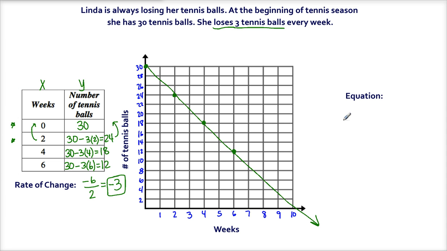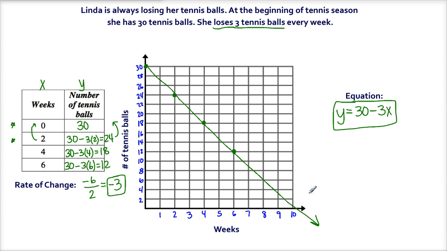So for my equation, I'm going to say y, the number of tennis balls she has left, is equal to, now here's my pattern. She starts with 30 and she loses 3 tennis balls every week, and weeks are represented by x. So this would be my equation for this context.